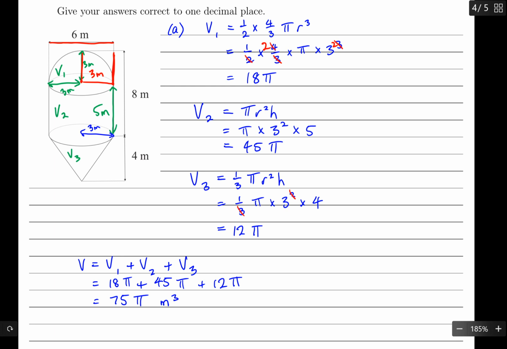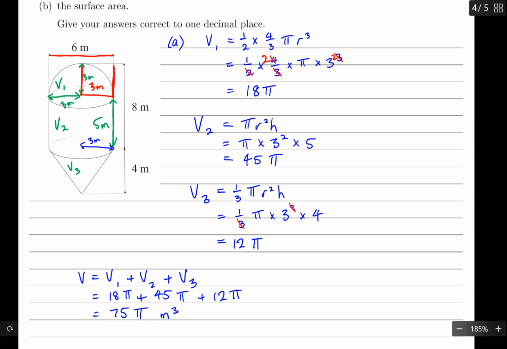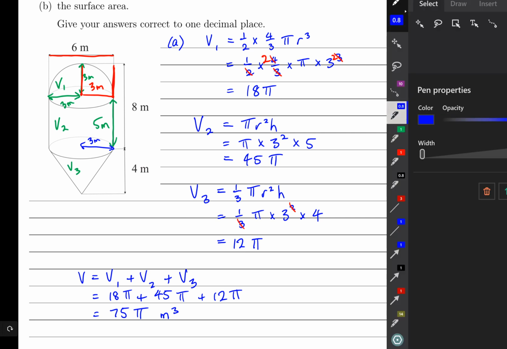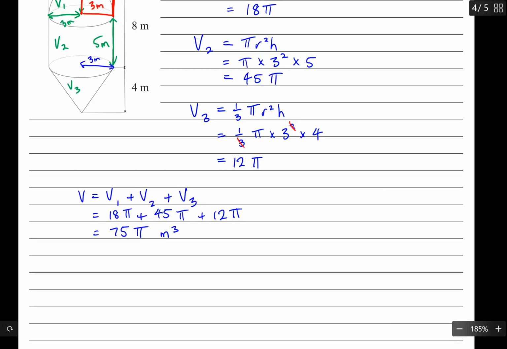Now I did actually want all of this to 1 decimal place, so let's go ahead and type 75 pi into our calculators. 75 pi works out to be 235.619 something or other. To 1 decimal place, we'll write that as 235.6 meters cubed, correct to 1 decimal place.